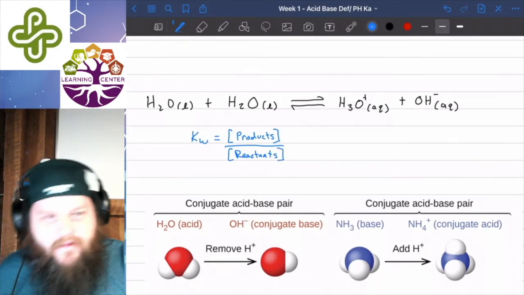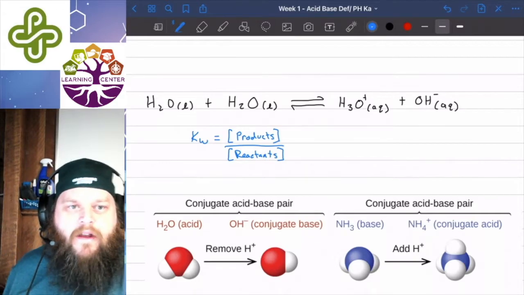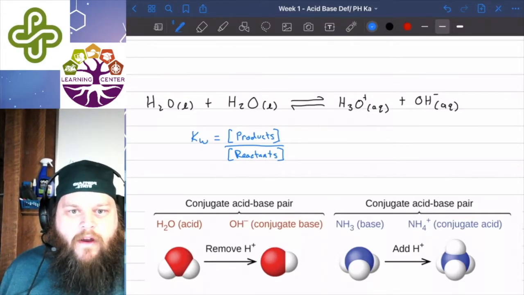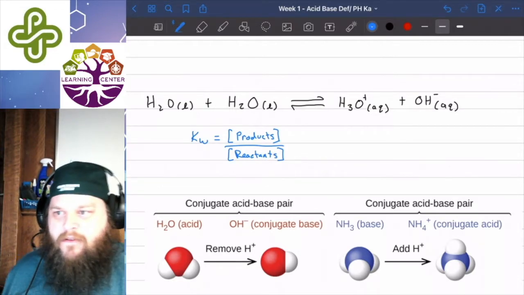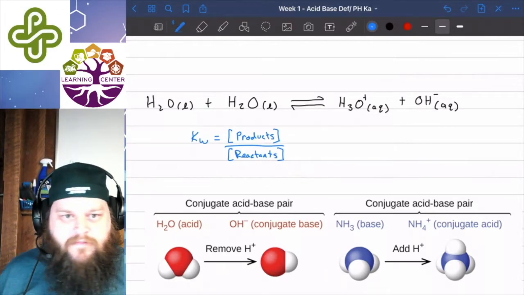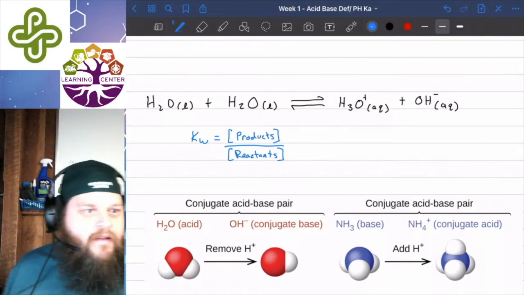And in this case, what are the products? What do you think the products might be for this reaction? Any guesses in the chat?